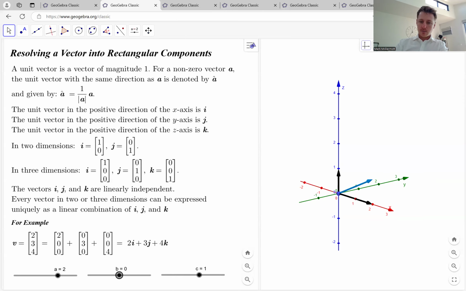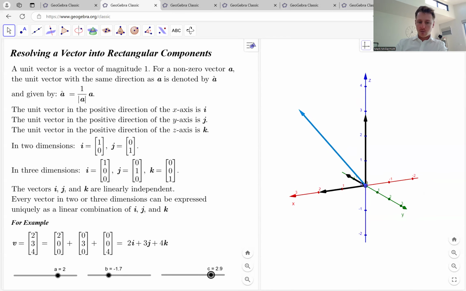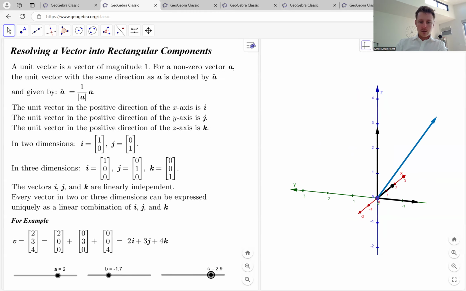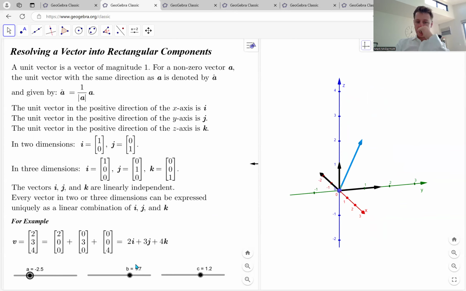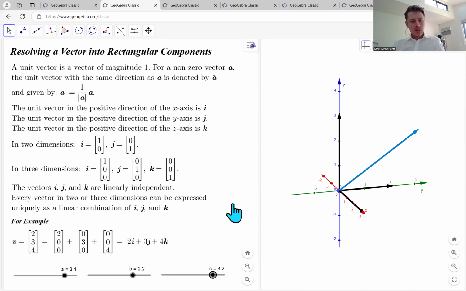You'll notice we can make all these different combinations, and that blue vector will point in all different directions. We're not stuck on the plane. We can get to all points in space by adjusting the size of the vectors i, j, and k because they're linearly independent. So every vector in 2 or 3-dimensional space can be expressed uniquely as a linear combination of i, j, and k.